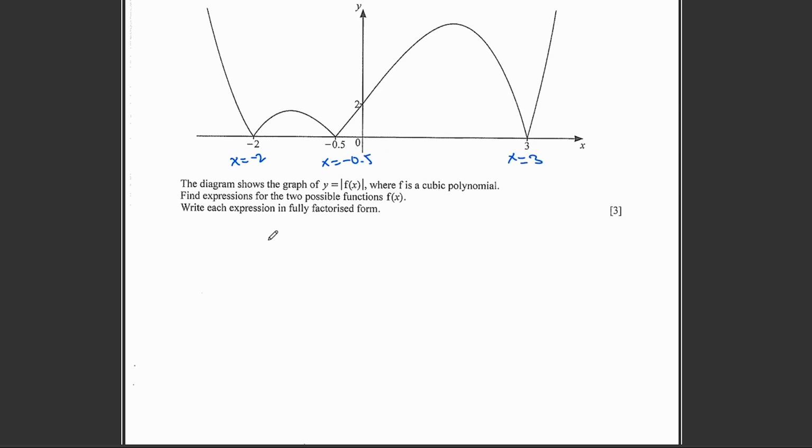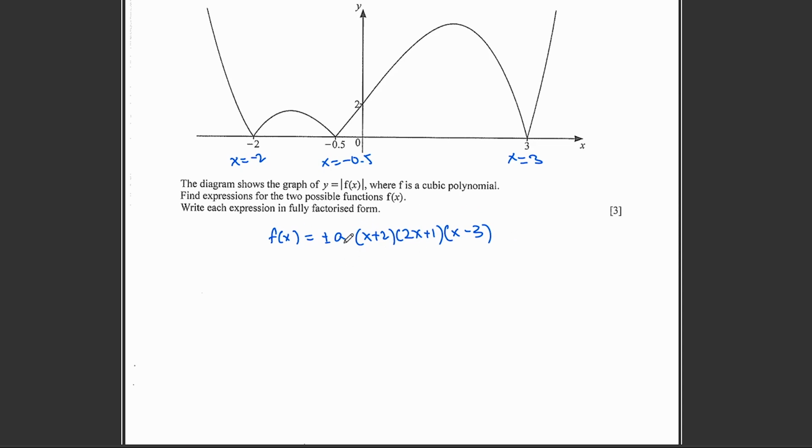From this we can get all three linear factors of our polynomial. So f(x) equals plus or minus a times the first one, x equals negative 2, so it's x plus 2, x equals negative 0.5, so it's 2x plus 1, and x equals 3, that is x minus 3. Right, so that's the first part.